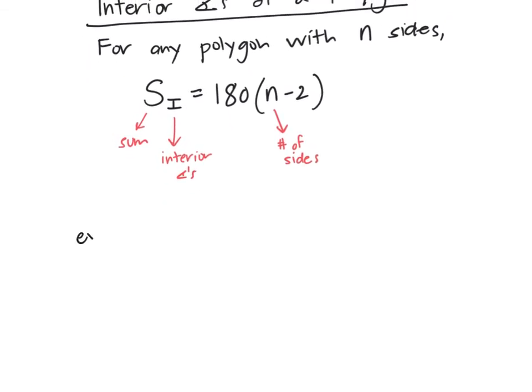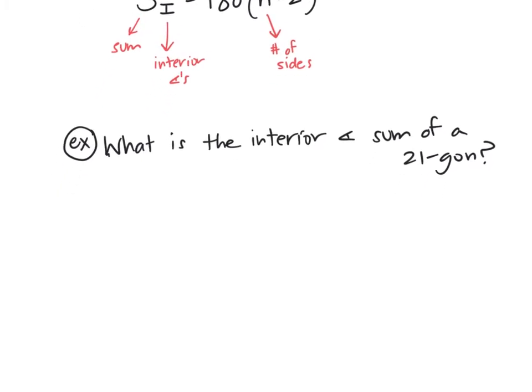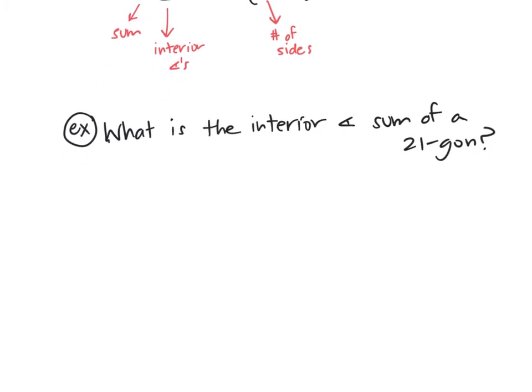It's pretty straightforward. All right, so I'm going to say, what is the interior angle sum of a 21-gon? Okay, so that is, what is the interior angle sum of a polygon that has 21 sides?